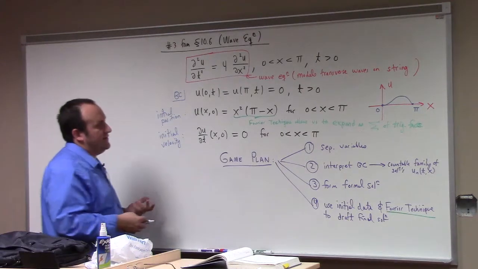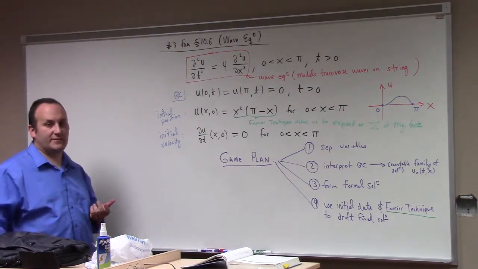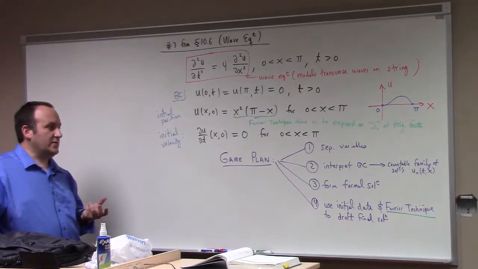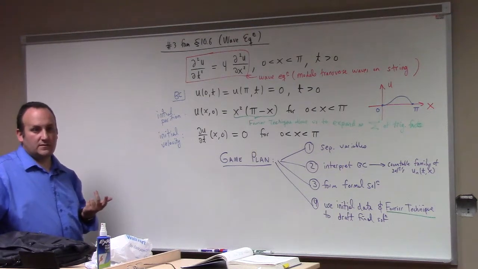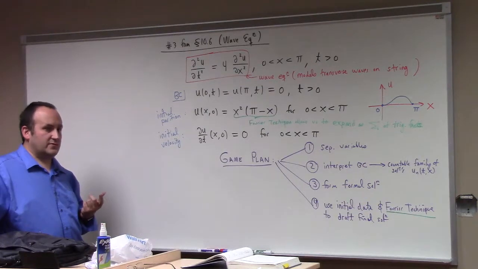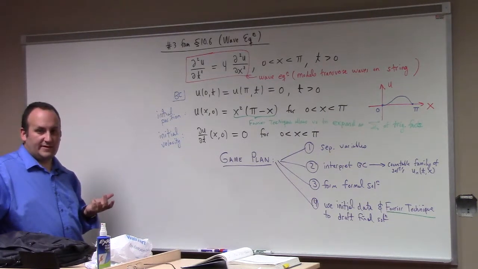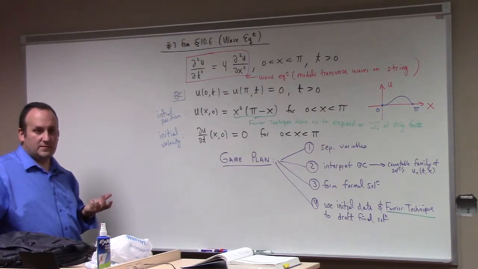So, if I ask about something PDE-wise on the final, I tend to focus on 2 aspects of this discussion. The one is going through and solving a boundary value problem, like we did at the start of last class, right?